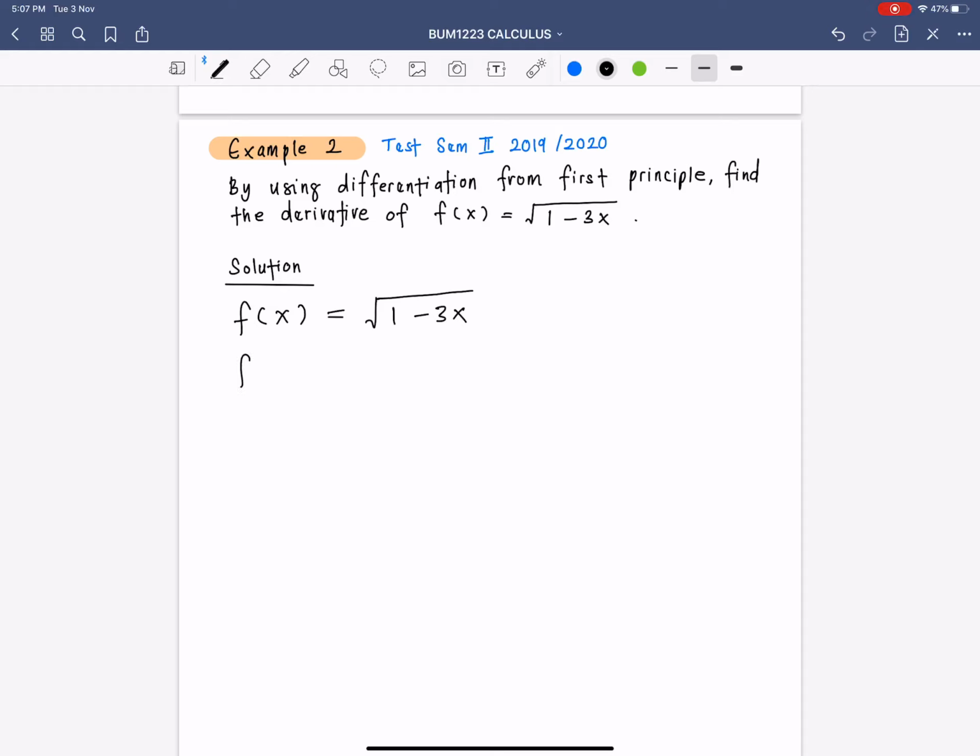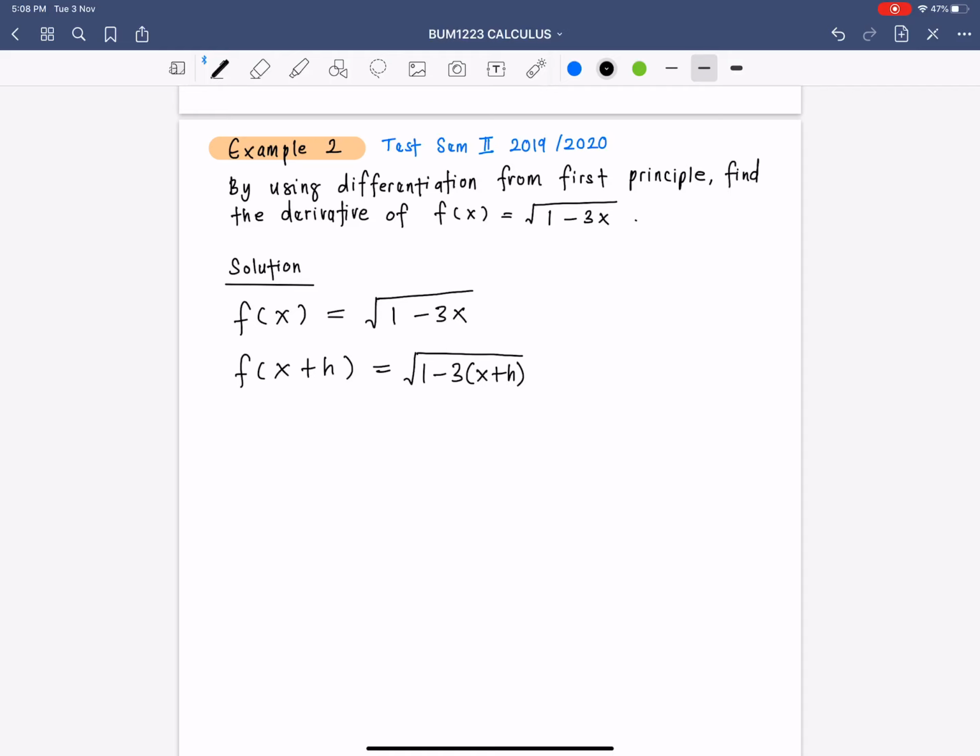You need to write the expression for f(x plus h), where in this case you replace x with x plus h. So we get square root of 1 minus 3(x plus h).